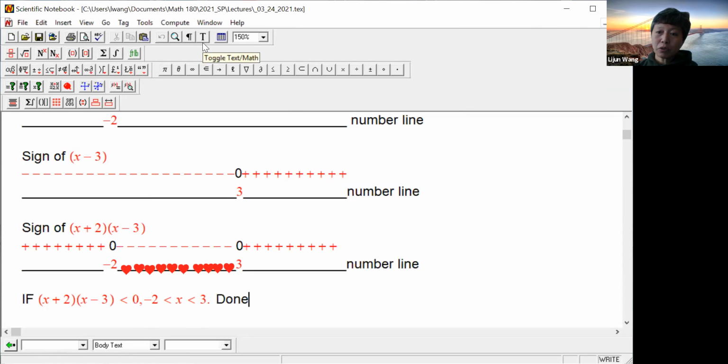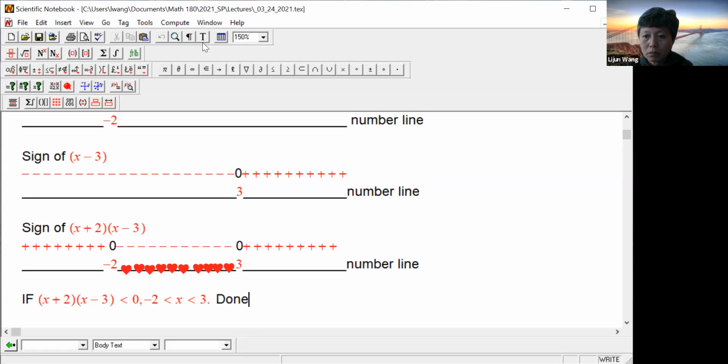Of course, I'm going to show you a shorter version of this. This is just analyzing, figuring things out. Does everybody understand this process? Yeah? So we found a solution.